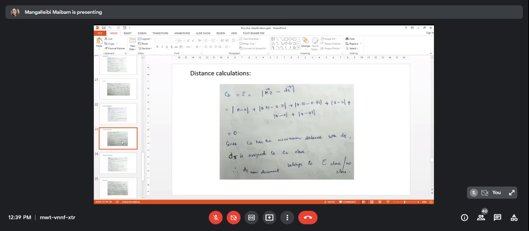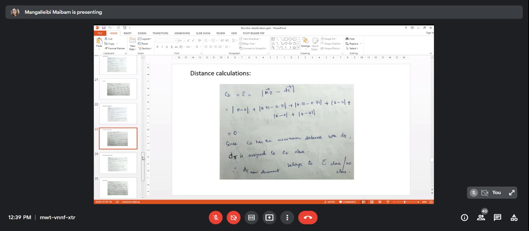If we find it for C2, which is our not China class, the distance calculation is given here and we got 0. So 0 means the minimum distance, and the classifier will assign D5 to the C2 class, which is our not China class.